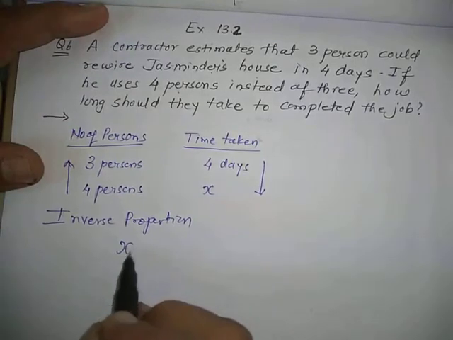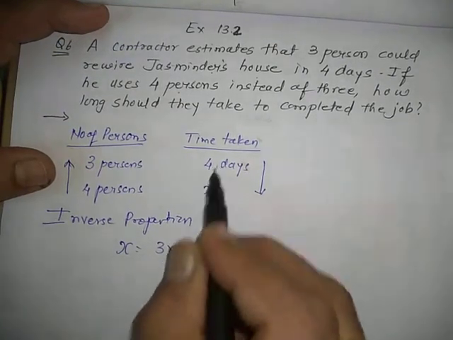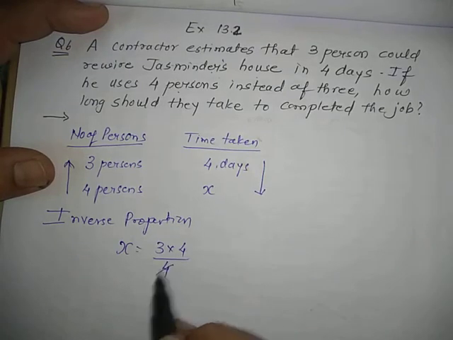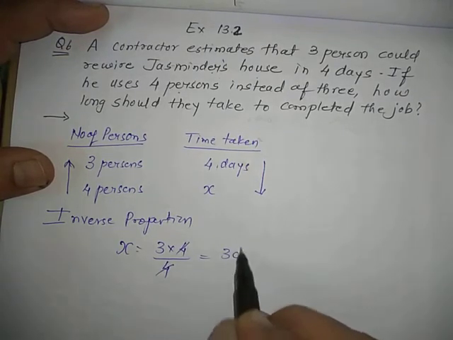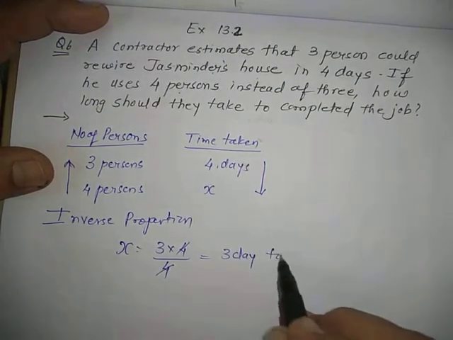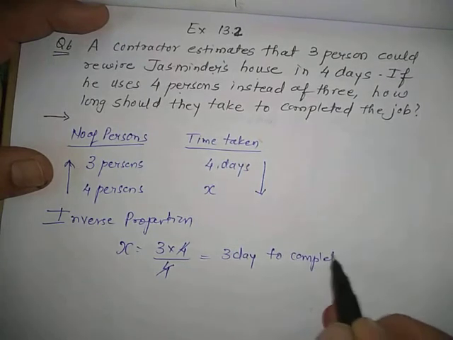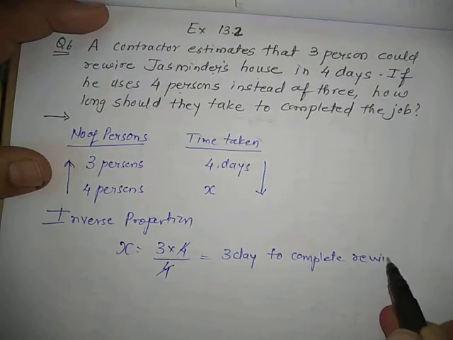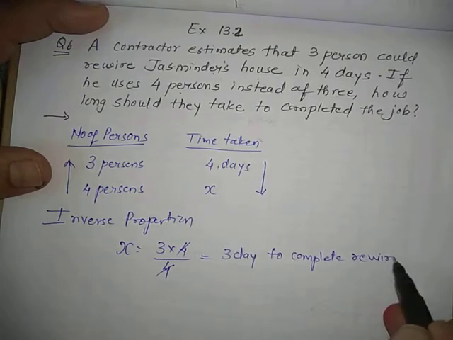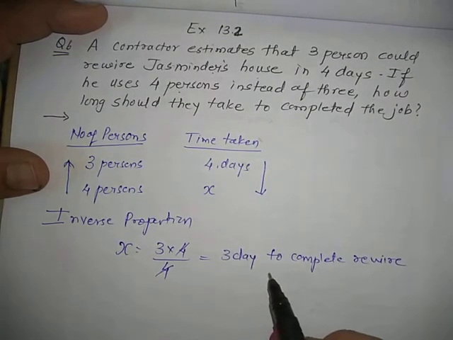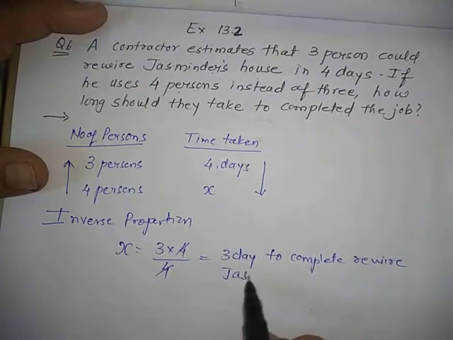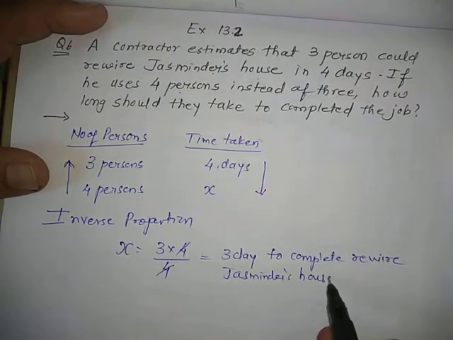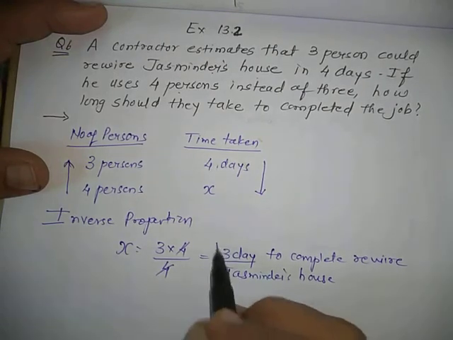So x is equal to 3 into 4 by 4 members. So it will take 3 days to complete rewiring Jasminder's house, 3 days.